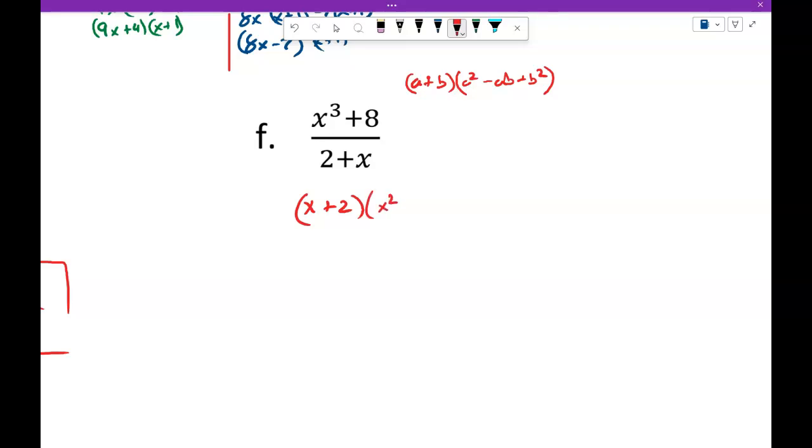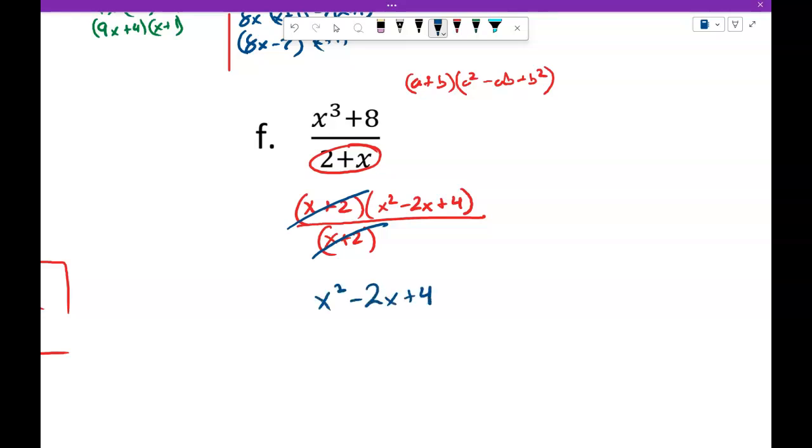We square the first term, we multiply the two terms, and we square the last term. Then since our denominator is addition, we can rewrite this as x plus 2 using commutative property, and we have our matching factors. So our simplification is just the polynomial x squared minus 2x plus 4.